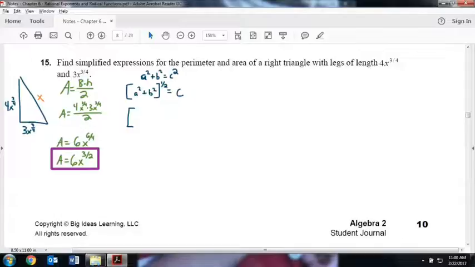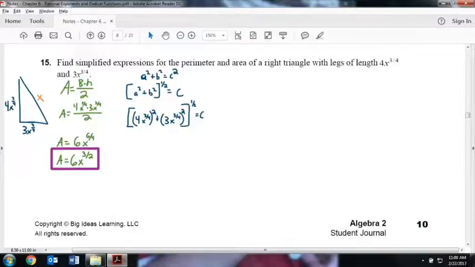So here we go. A squared, so we'll do the 4x to the 3/4 squared, plus b, 3x to the 3/4 squared, all to the 1/2, equals c.